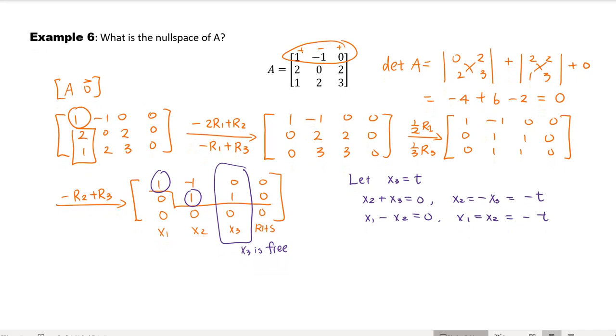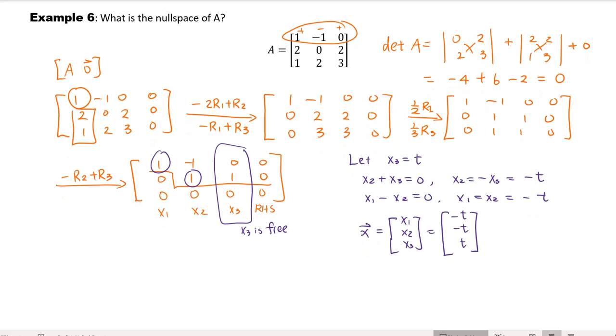So now x is x1, x2, x3, which is minus t, minus t, and t. We can also factor out t, then we have -1, -1, 1. This is a one parameter family.